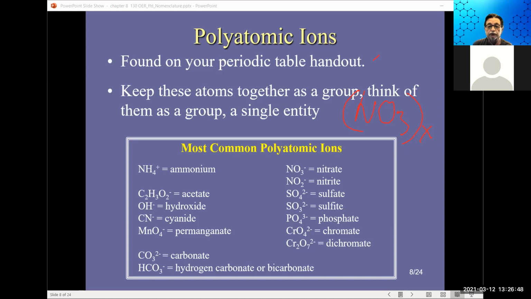But if we needed 2, for example, to be specific, let me say we needed 2. Okay, we would just put the 2 outside the parentheses. We would not change the polyatomic ion in that manner, because I have no idea what this compound is. So you put a parenthesis around it if you need more than 1. If you only need 1, you don't need a parenthesis.